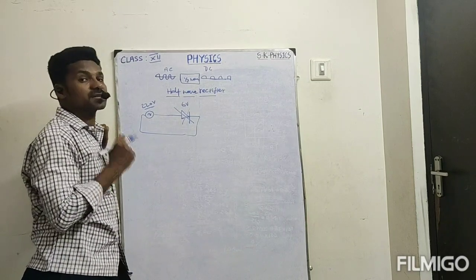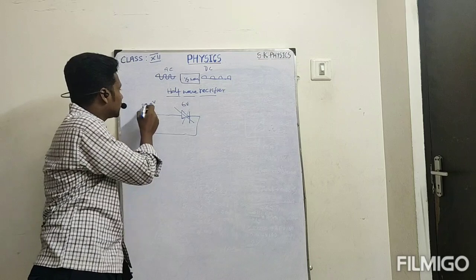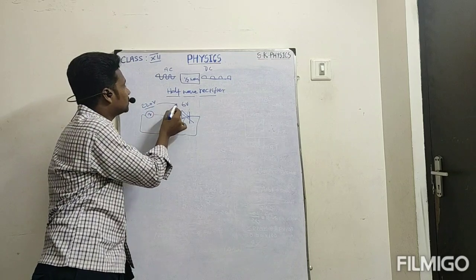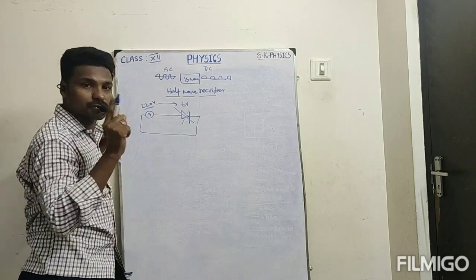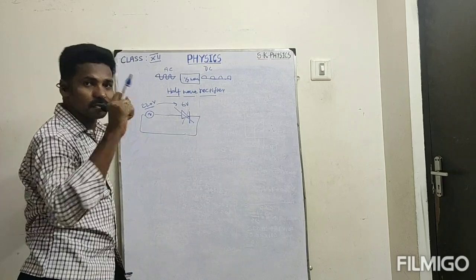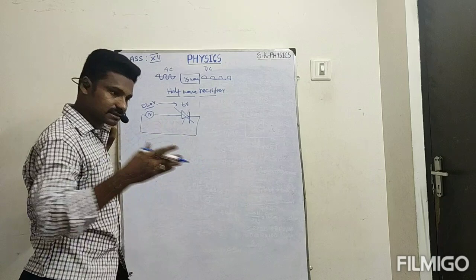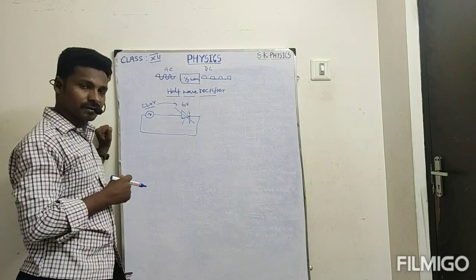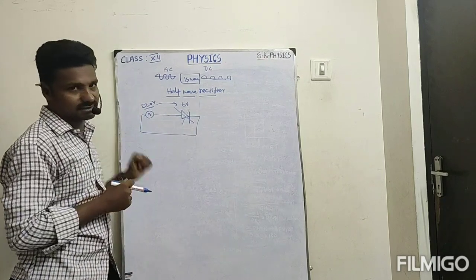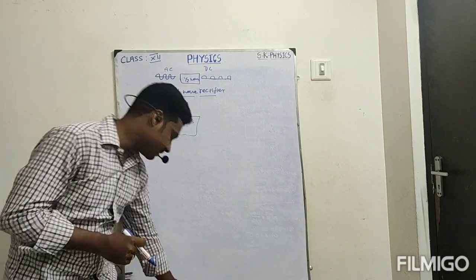So we must use a transformer. Here higher voltage is converted into lower voltage, so you should use a step down transformer first. Through the step down transformer only can we pass that AC current and voltage.